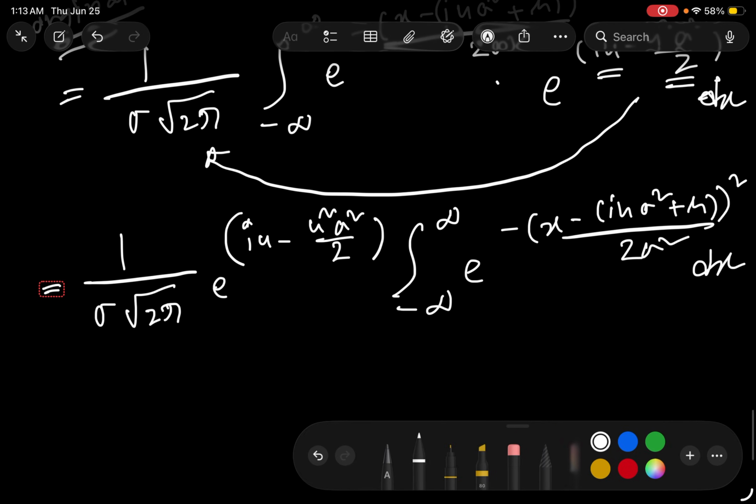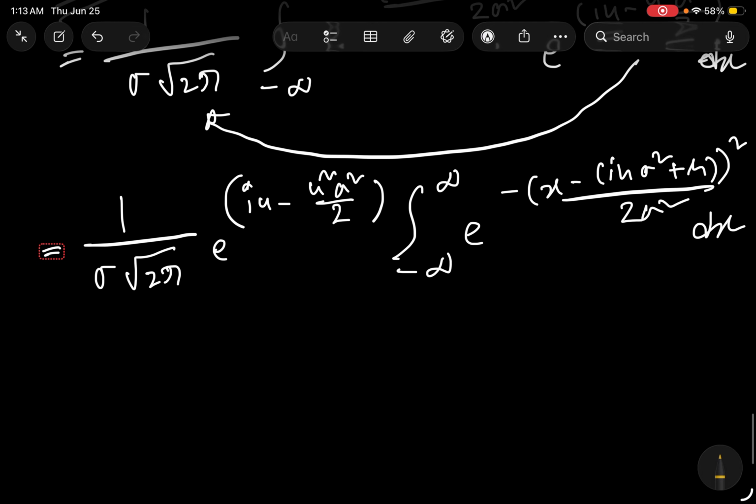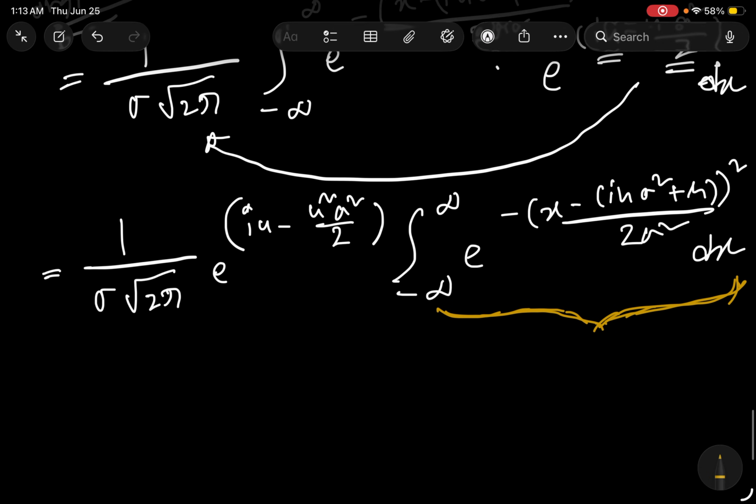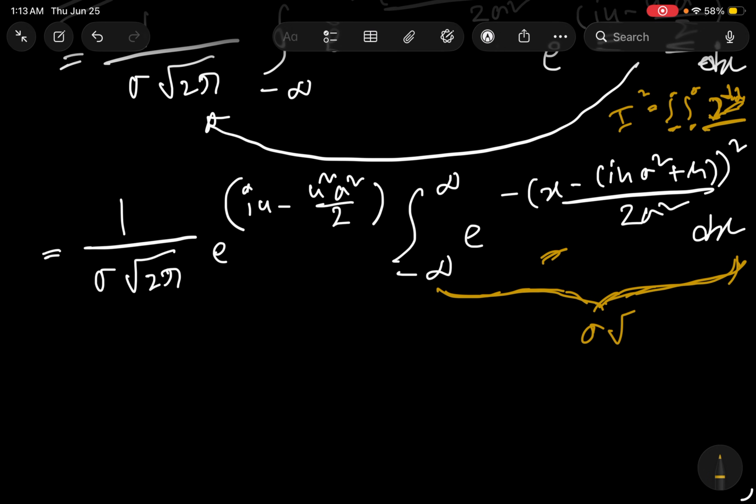Now there's a whole derivation for the Gaussian integral. We can cover this in a future video, but to solve a Gaussian integral, basically you need to assume this is I, then you need to square it. You will have a double integration. To solve the double integration, you need to change dx dy to polar coordinates. There's a lot of stuff, but this basically simplifies to sigma root 2 pi.